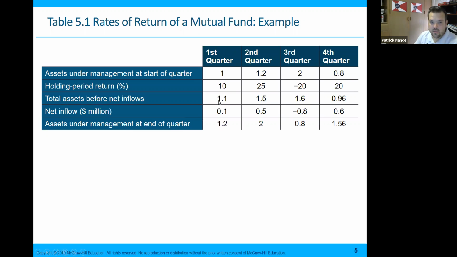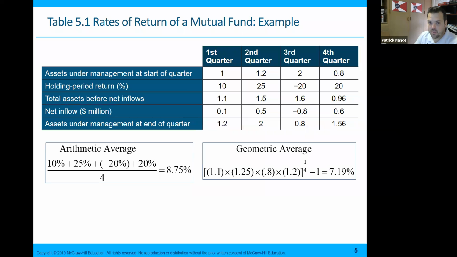So I would do 1.1 times 1.25 times 0.8, 1 minus 0.20, times 1.2, raised to the power of a quarter, to get our geometric average of 7.19%.